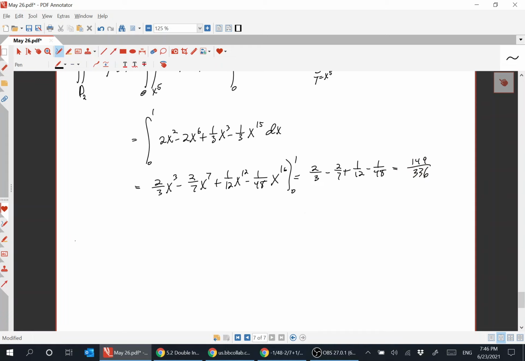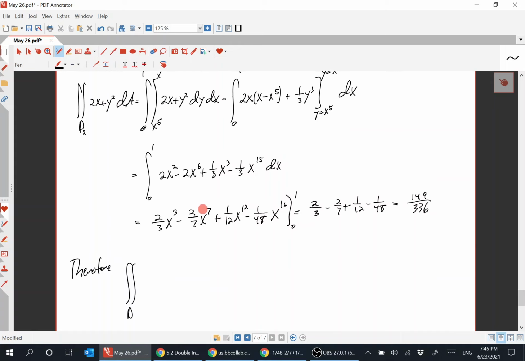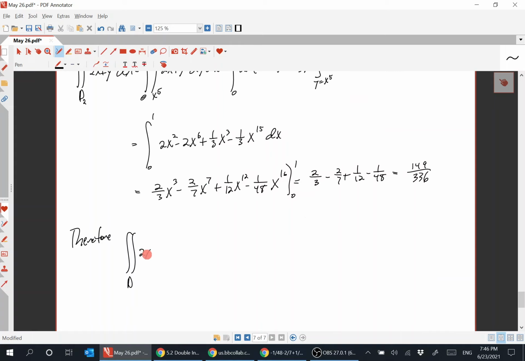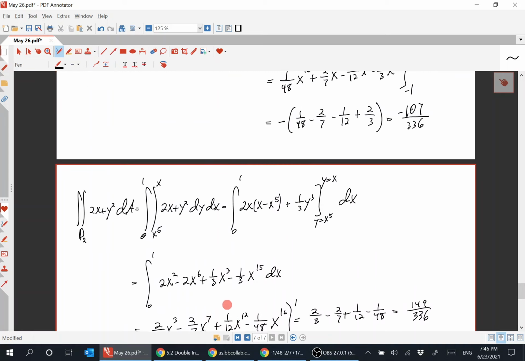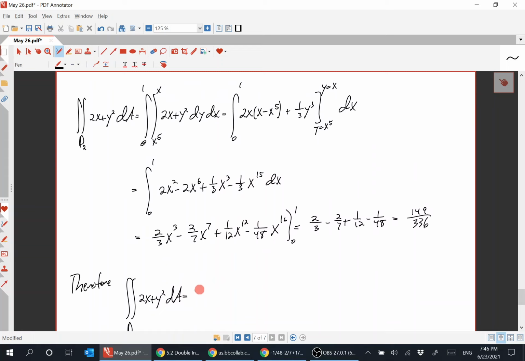So, therefore, the double integral over D, what was it again? 2x plus y squared dA is equal to minus 107 plus 149. So 49 minus 7 is 42.